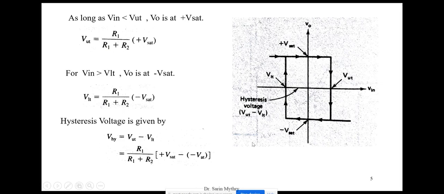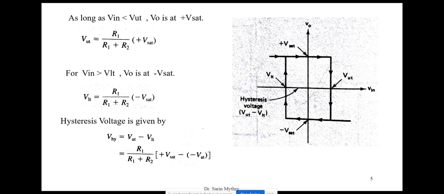Now this is regarding what is meant by Schmitt trigger. In the Schmitt trigger, whenever your input voltage crosses some voltage level, only then will there be a change in the output. That change in the output is what we call positive Vsat or negative Vsat.